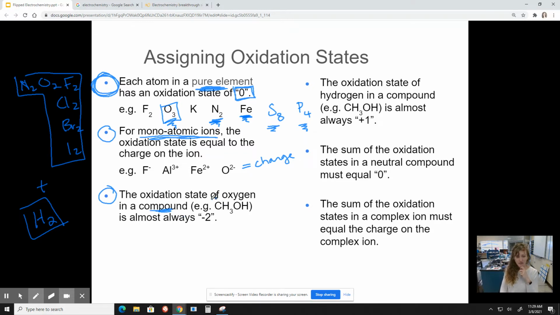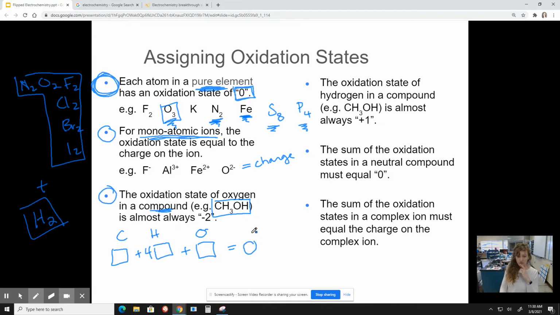So if you have a whole compound, then everything inside that compound, all the oxidation states, the oxidation state of carbon, the oxidation state of the 4 hydrogens, the oxidation state of oxygen, they're all going to add up to the charge of the actual compound.